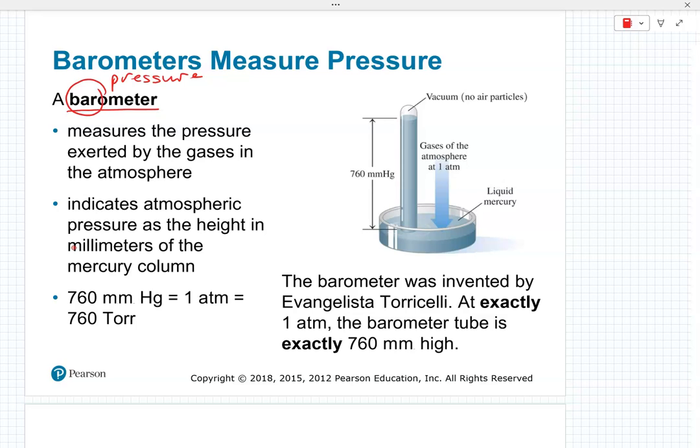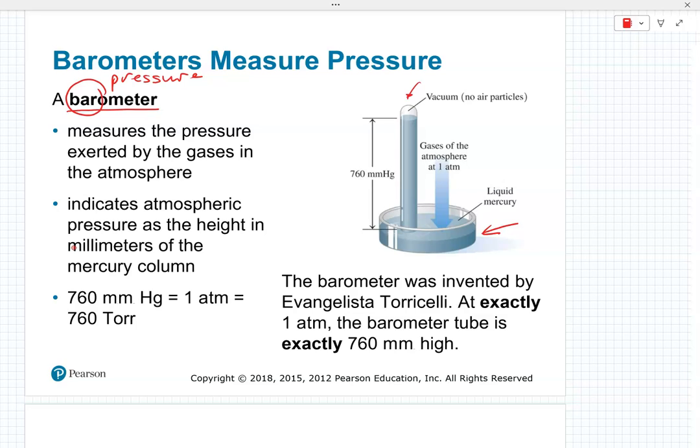Now, imagine we have a tube, like a test tube. And we have a dish with mercury. So we flip the tube upside down, stick it in the mercury, just on the table.